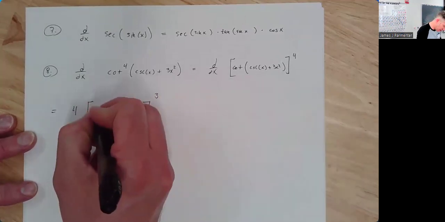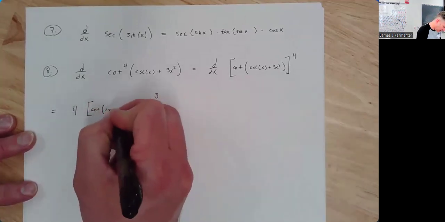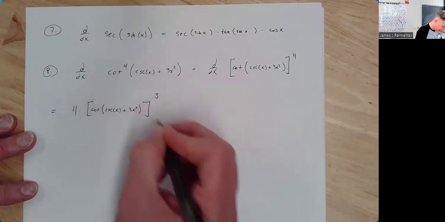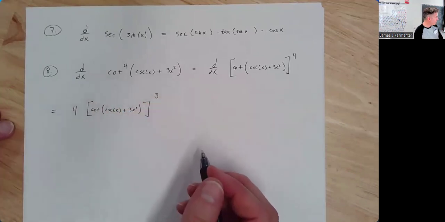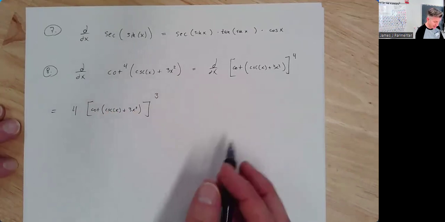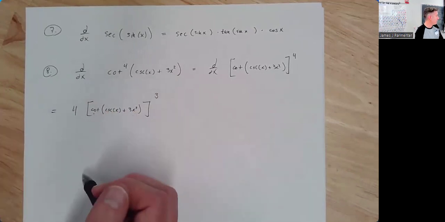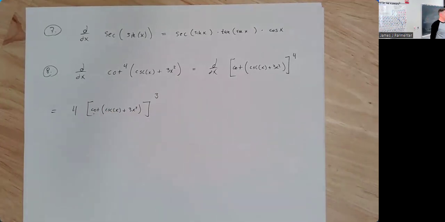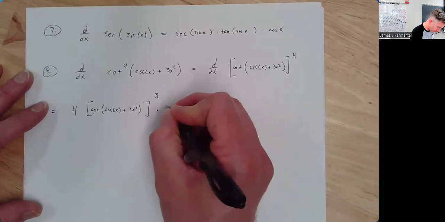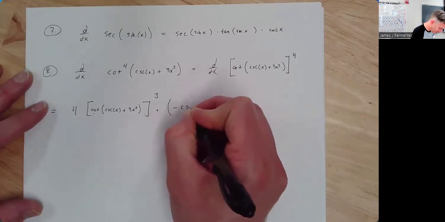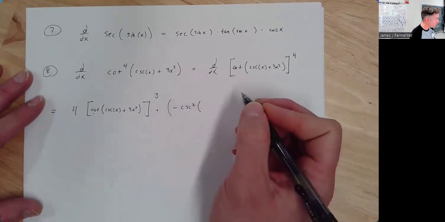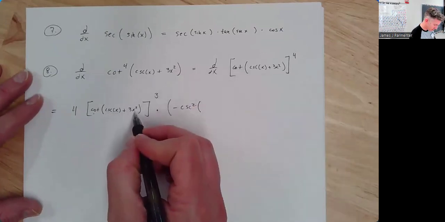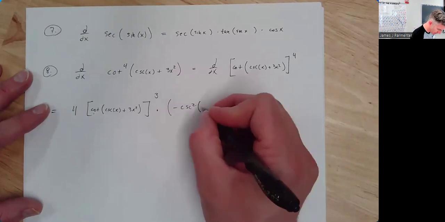So here we're going to get cotangent of cosecant of x plus 3x squared. And now we have to multiply by the derivative of, drumroll please, cotangent of some new stuff. So what's the derivative of cotangent of x? Negative cosecant squared. So it's going to be times negative cosecant squared of our new stuff, which is also a cosecant in there, kind of weird.